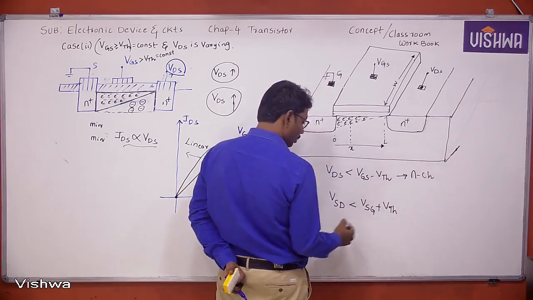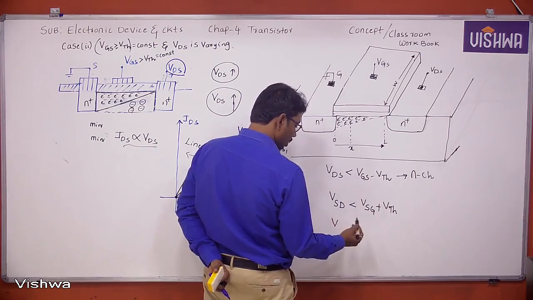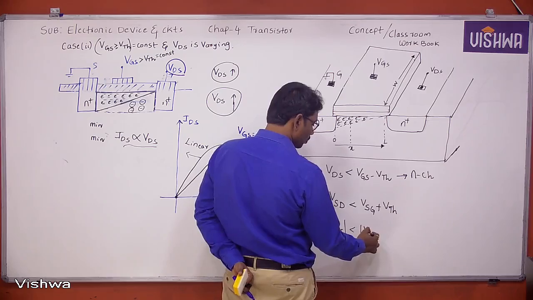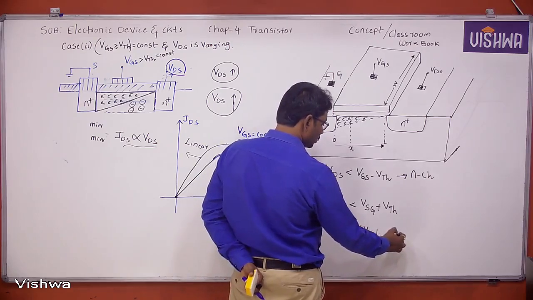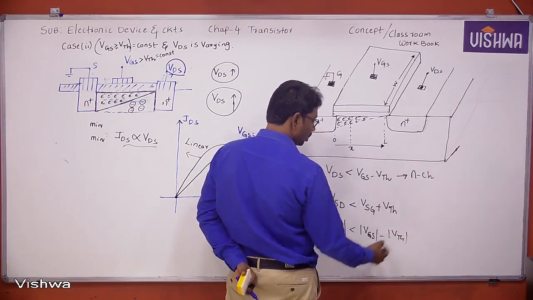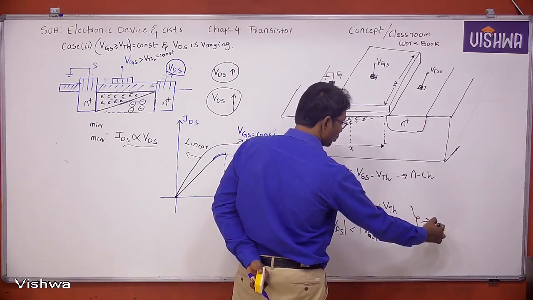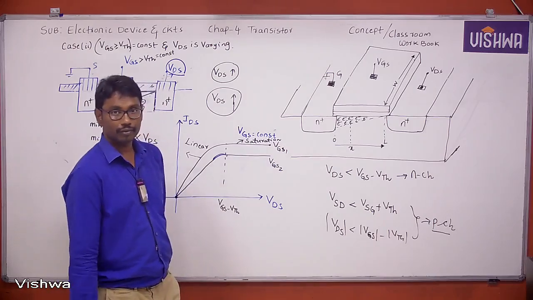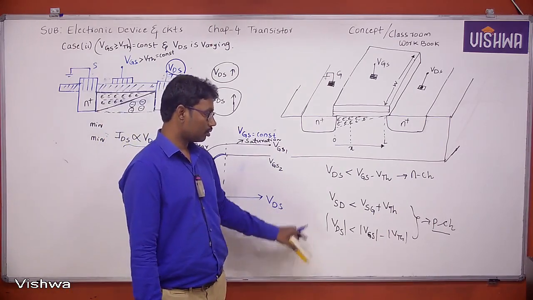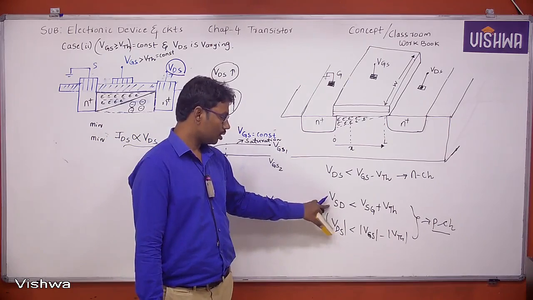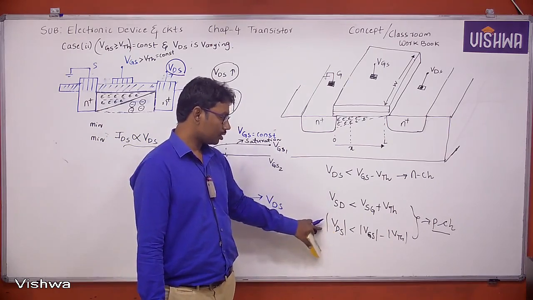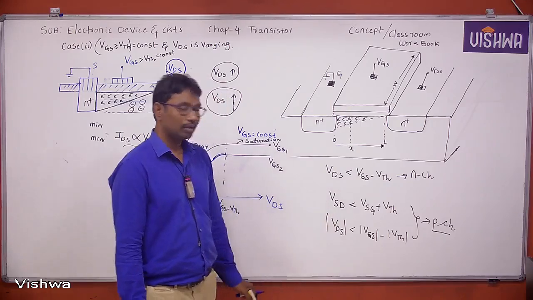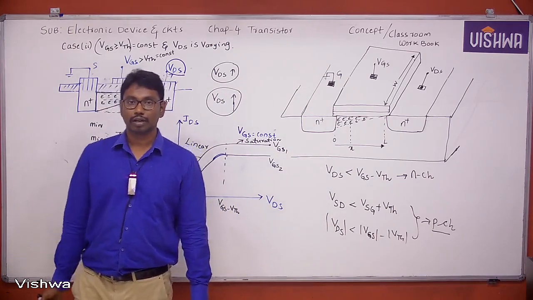Or we can also have one more condition, that is mod VDS is less than mod VGS minus mod VTH. Then also the MOSFET is in the linear region. This is for the P channel. Very important conditions. You can use this condition or this condition to check the region of the MOSFET. Both are valid.